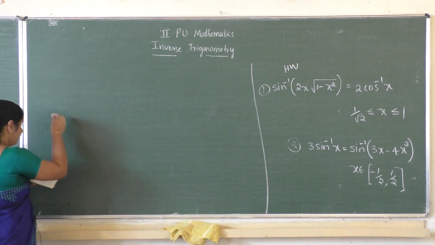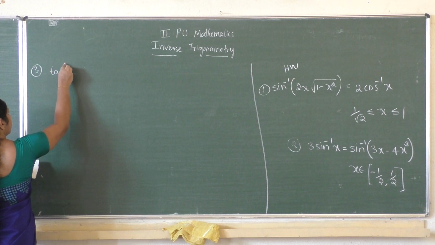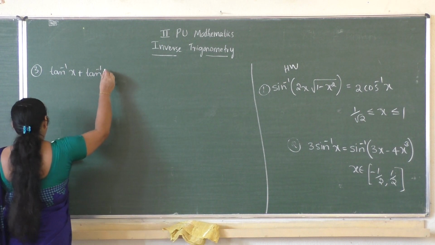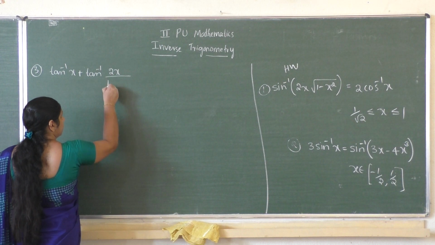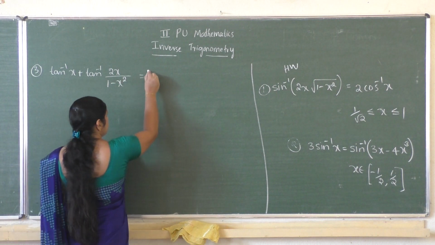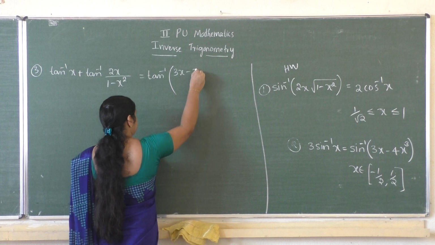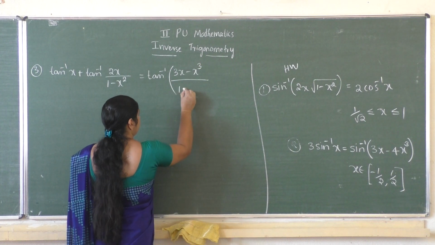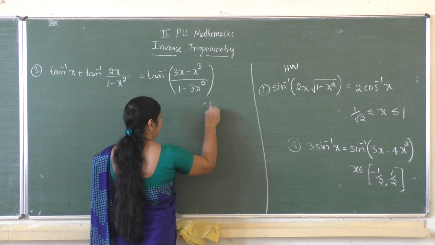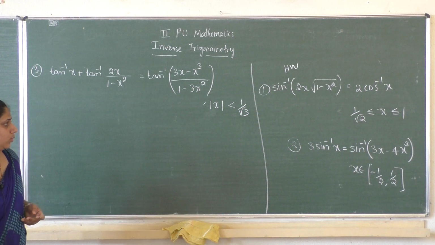Now, third question, prove that tan inverse x plus tan inverse 2x by 1 minus x square, which is equal to tan inverse of 3x minus x cube divided by 1 minus 3x square, where mod x is less than 1 by root 3.